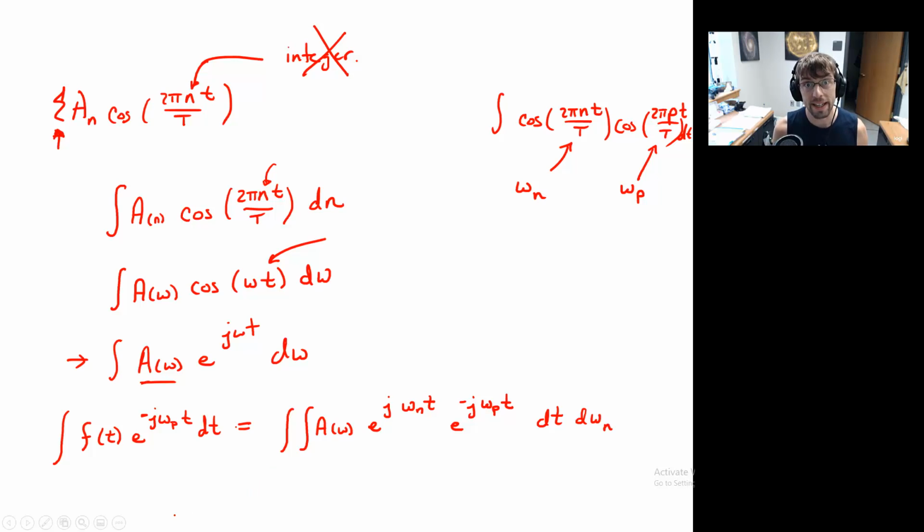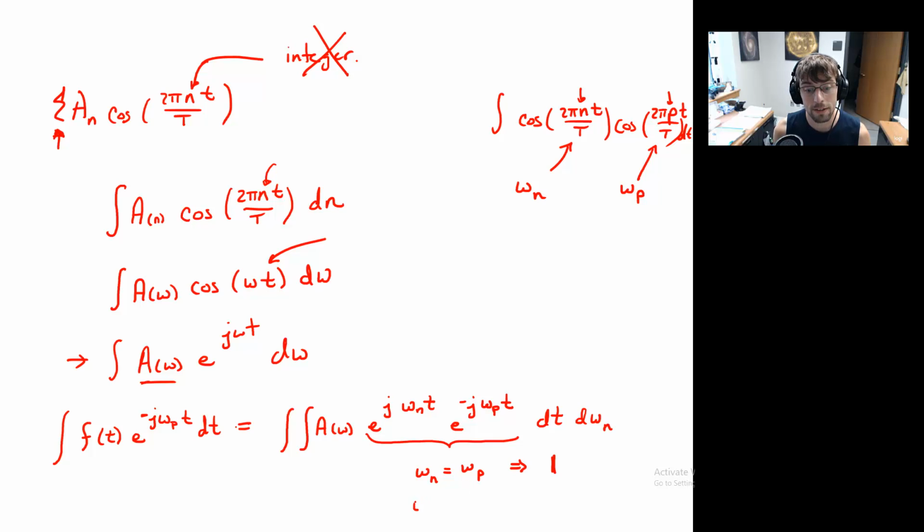And just like when you had two cosines of different n and p, you got 0 unless the two are the same. Similarly, right here, you will end up with, if omega n is equal to omega p, this will give you a value of 1.